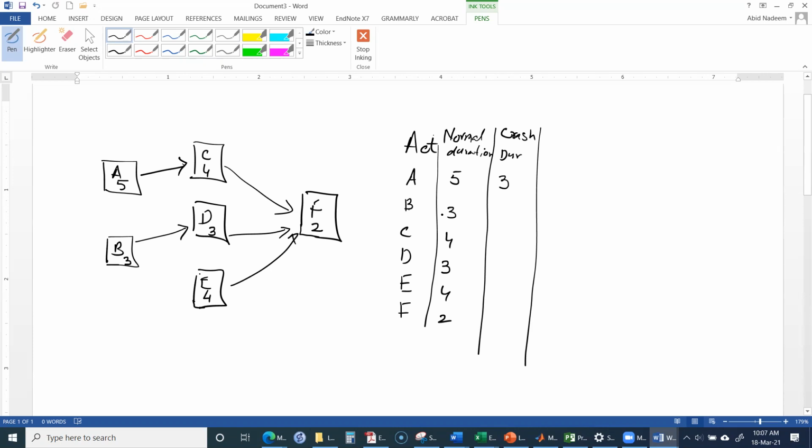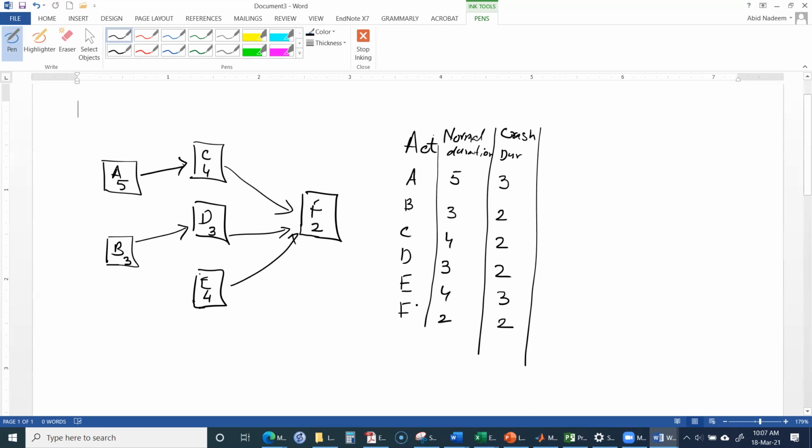Similarly for B, normally we can complete in 3 days, we can reduce it to 2 days. C is 4 days, maybe we can reduce it up to 2 days. D is 3, maybe we can reduce it up to 2 days. E is 4, we can reduce it up to 3 days. And F is 2, we cannot reduce it.